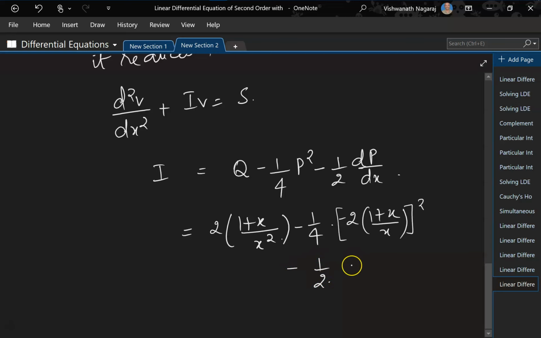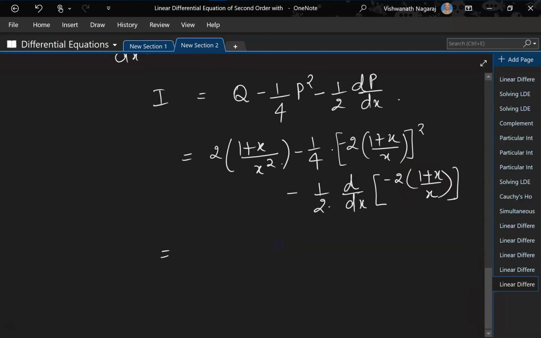So dp by dx would be d by dx of minus 2 times (1 plus x) by x. Now here we can write this as 2 by x square plus 2x by x square minus, because of the square, this will become 4 and the minus will disappear.